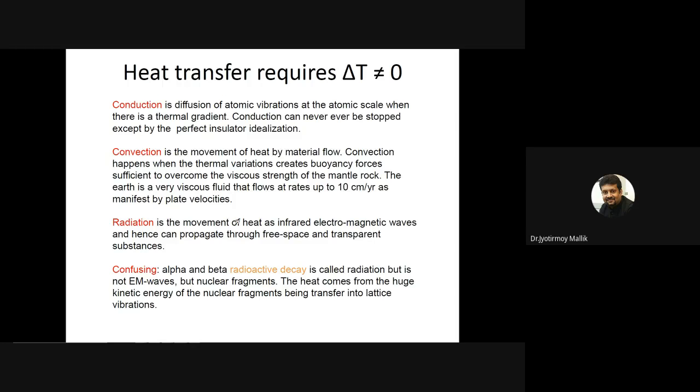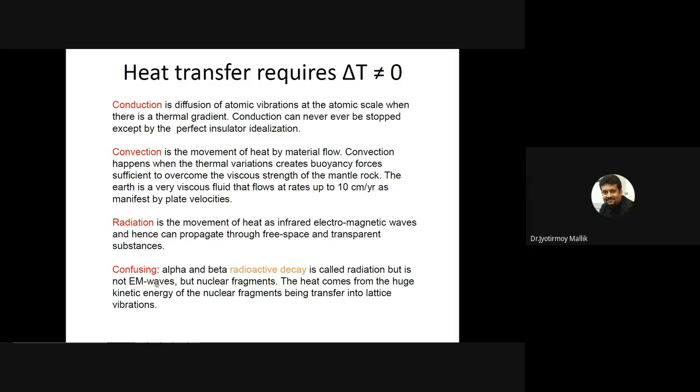Radiation is the movement of heat as infrared electromagnetic waves and hence can propagate through free space and transparent substances, right? These are the three processes by which heat gets transferred. Now, alpha and beta radioactive decay is also called radiation, but it is not an electromagnetic wave.